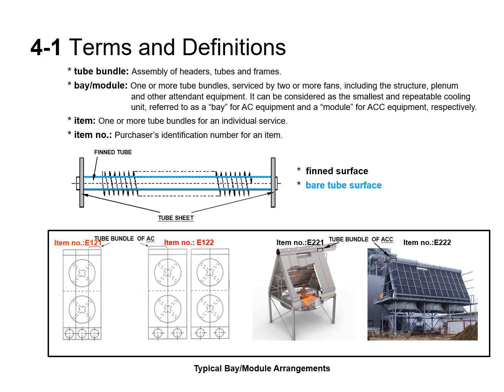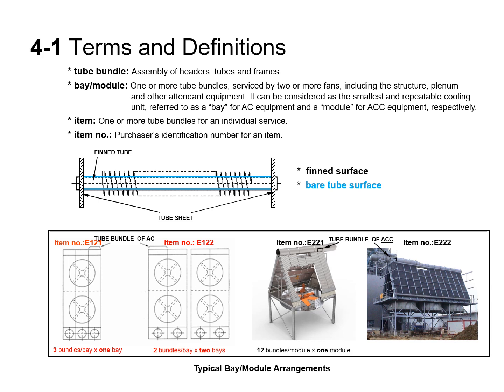The image below shows typical bay and modular arrangements. AC equipment E121 has only one bay, and that bay is composed of 3 bundles. AC equipment E122 has 2 bays, and each bay is composed of 2 bundles.